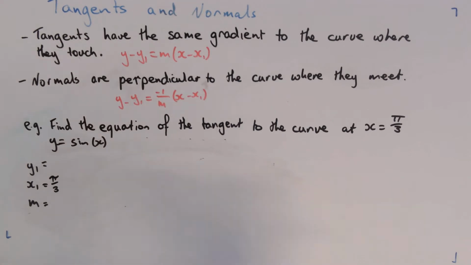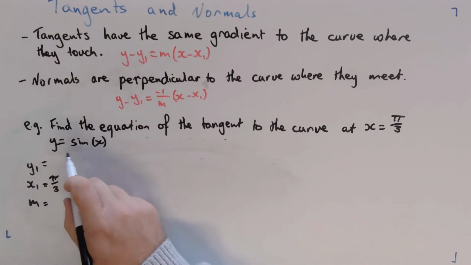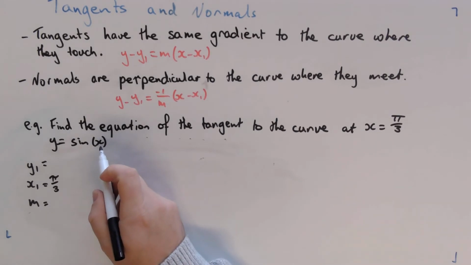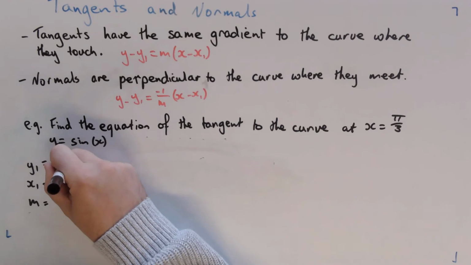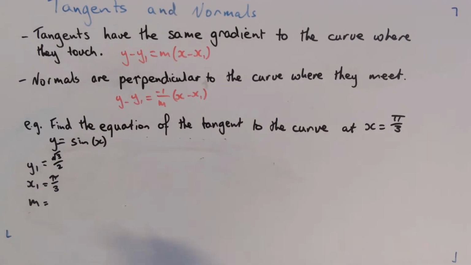When we sub in pi on 3 in the sine, we get a y value of root 3 on 2, from our exact values. Then we need to find our gradient.